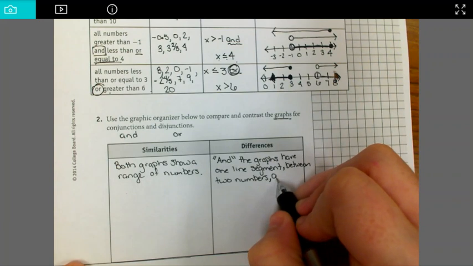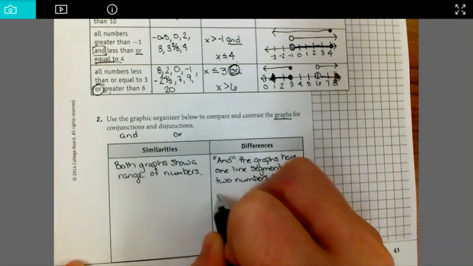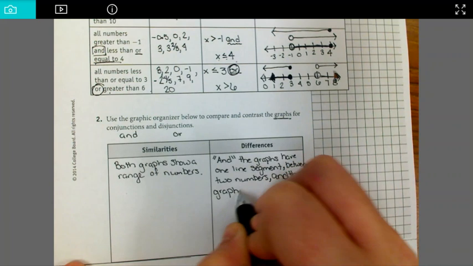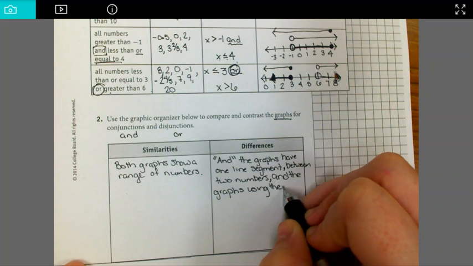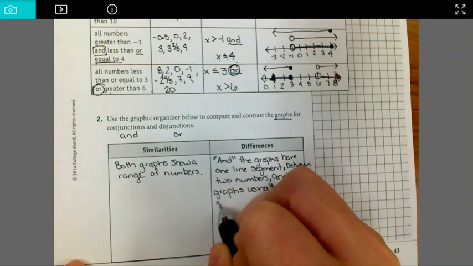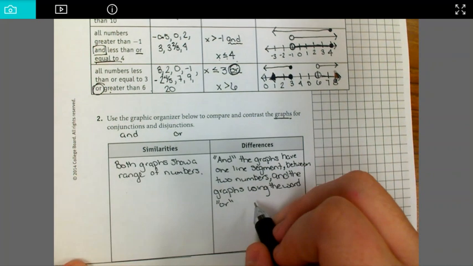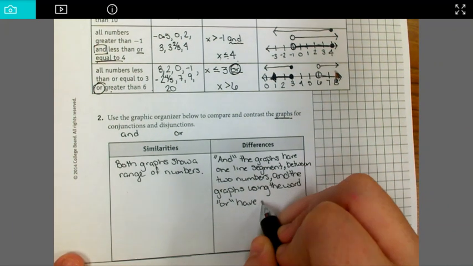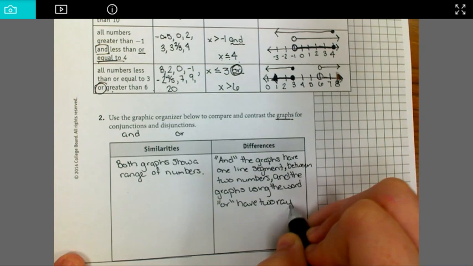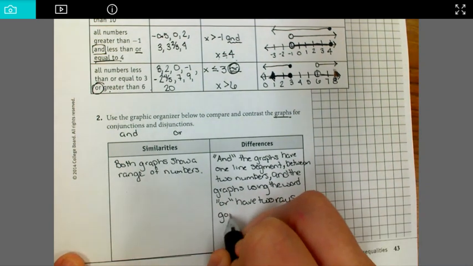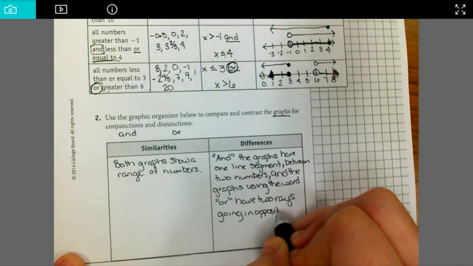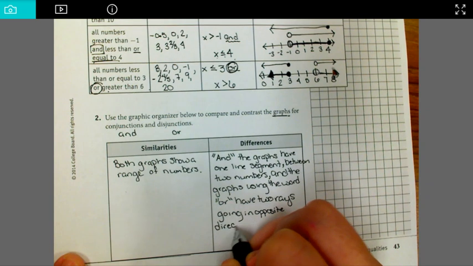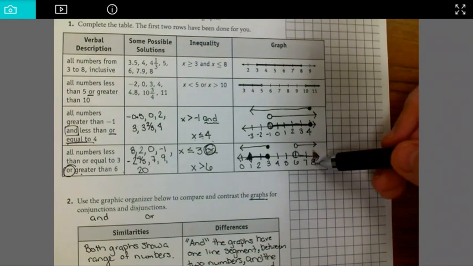And the ones with or have two rays going in opposite directions, as seen here in line 2 and line 4.